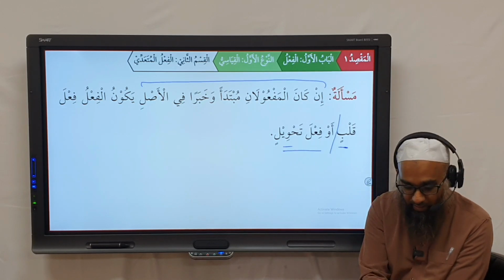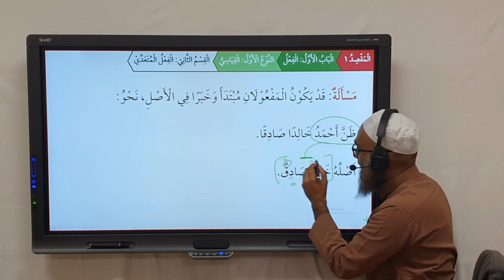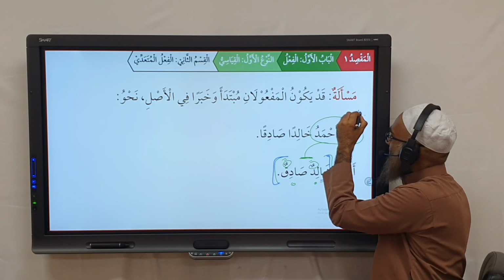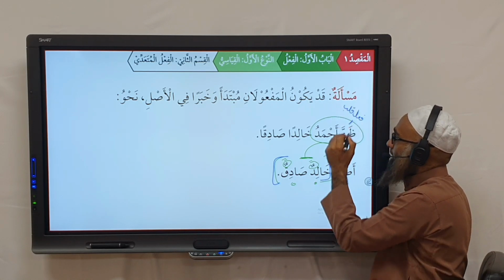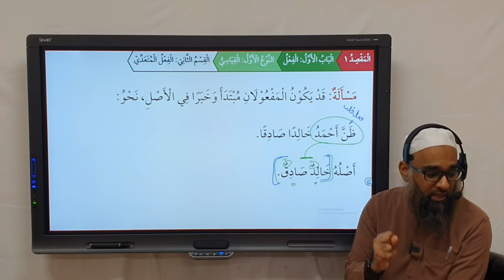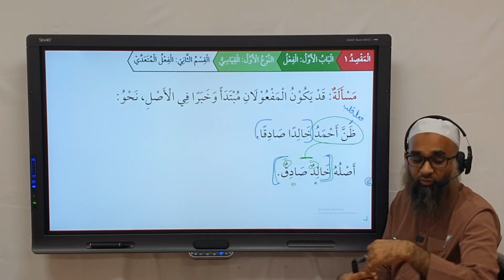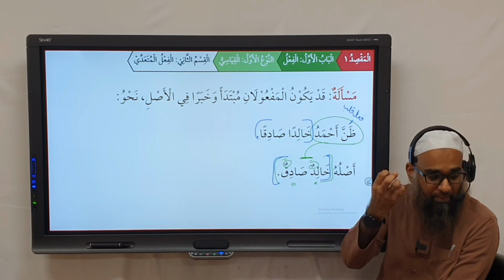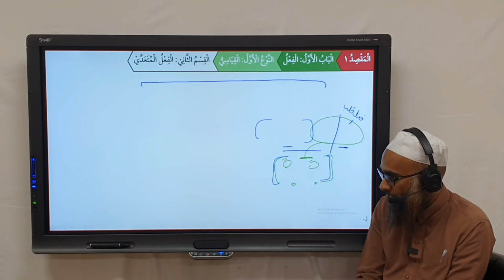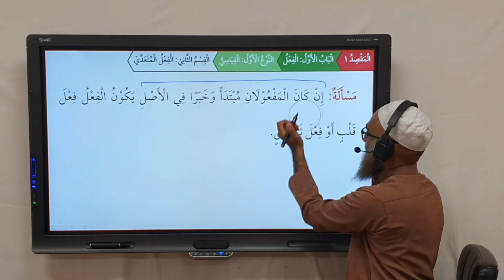So in the top example, this is really mubtada khabar, and this is a fa'lu qalb, a fa'l which is related to the heart. Meaning, I think that Khalid is Sadiq. So the action of the maf'ul bihi, you're not doing something physically to them. You're just creating a concept, an idea in your mind. This is called now what? Fa'lu qalb. Yes?